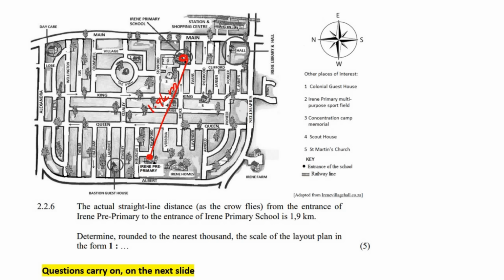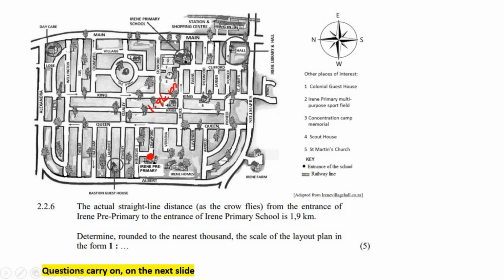1.9 kilometers. Determine, rounded to the nearest 1,000, the scale of the layout plan in the form 1 to something. So they want us to pretty much make some type of scale here. You would have to take out your ruler, and what you're going to do with that ruler is measure from the entrance of Irene to the entrance of our other school.